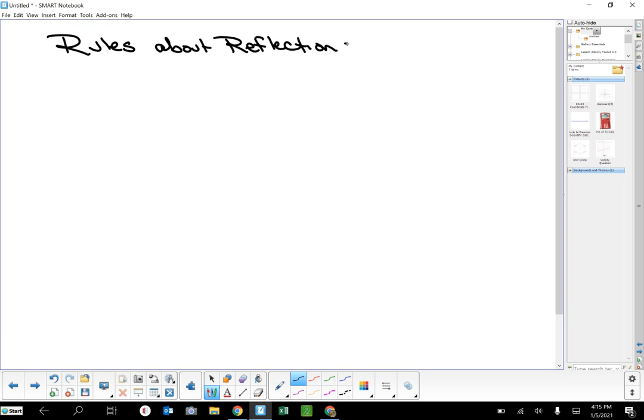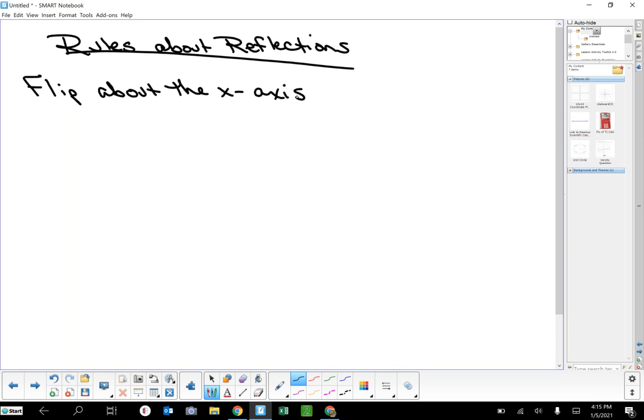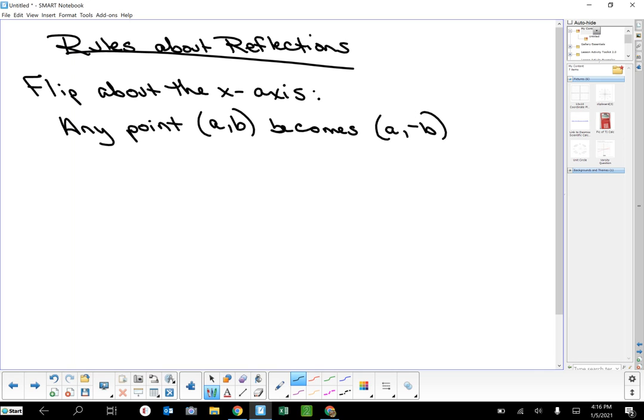If you have a hard time actually seeing a reflection and need a rule, if you have a flip about the x-axis, then any point (a, b) you have on the original graph becomes the point (a, negative b) when you want to do that reflection.